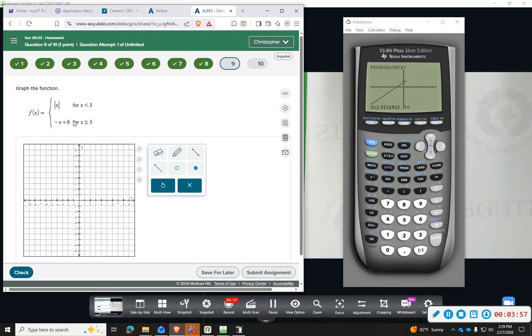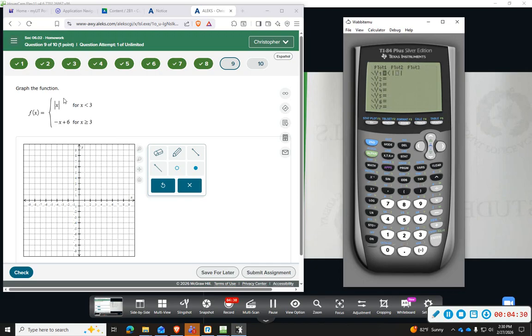All right, we're going to do the same thing for number 9. We want to graph, so we got 2 pieces. I'm going to go back to y equal. I'm going to clear this out, and I'm going to open parentheses, and we're going to do the absolute value of x. So how do we get absolute value? We got to go to math, then right to number, and then this ABS. This is the calculator's abbreviation for absolute value.